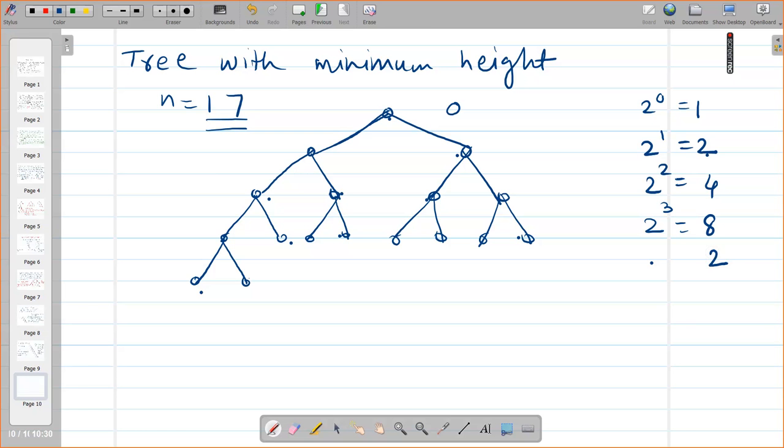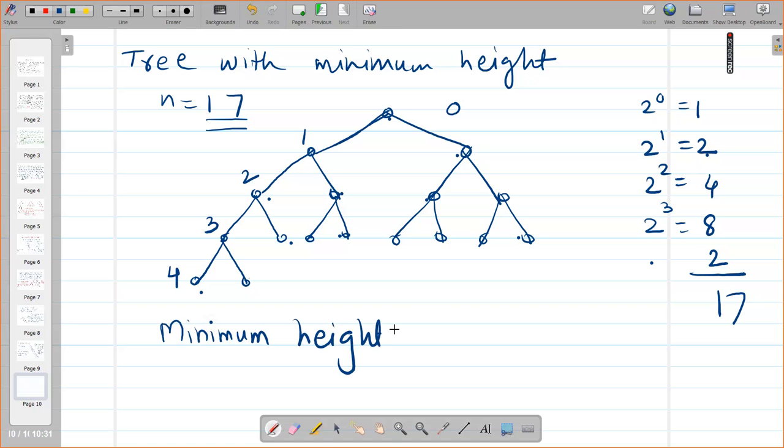So 2 more vertices, and that will make 17 vertices here. And what is the height of this binary tree then? What is the height? 4. 17 vertices gives height 4.